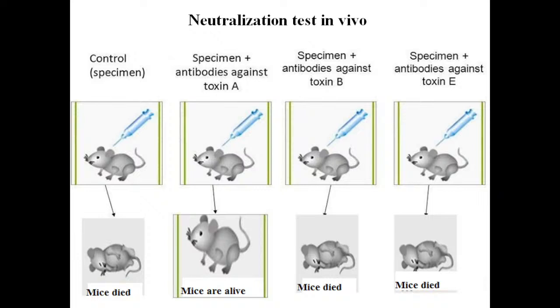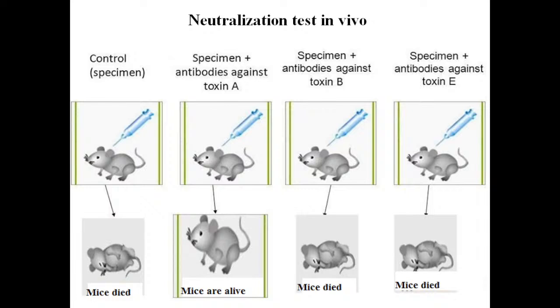In the neutralization test in vivo, we also use a control group of animals when we inject a specimen with bacteria producing toxin into the animal, and in this case mice died because of the bacterial toxin presence.